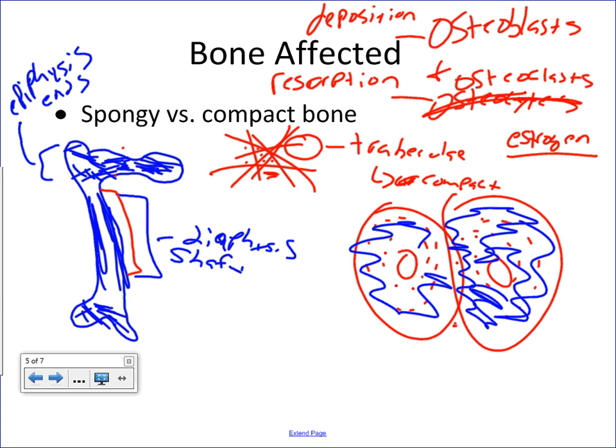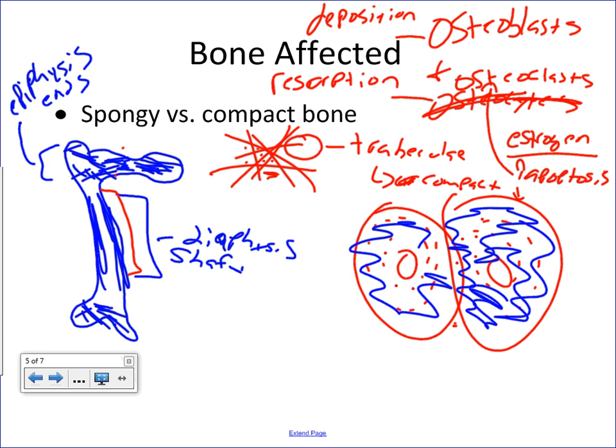But essentially what estrogen does is promote apoptosis of osteoclasts, and it lowers the amount of differentiation of stem cells into osteoclasts.